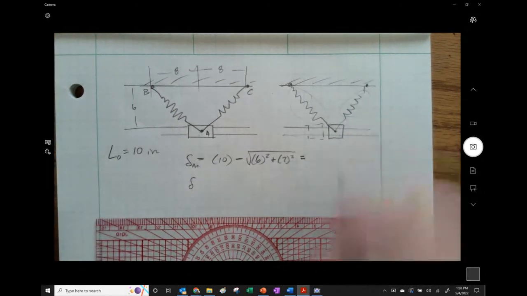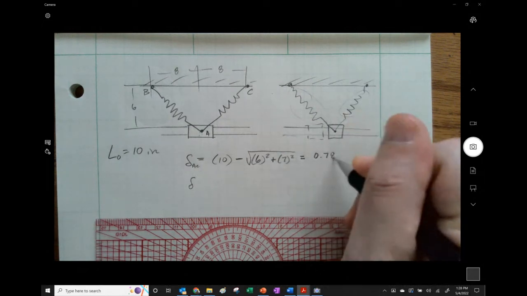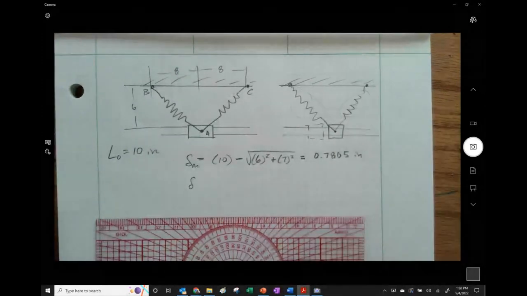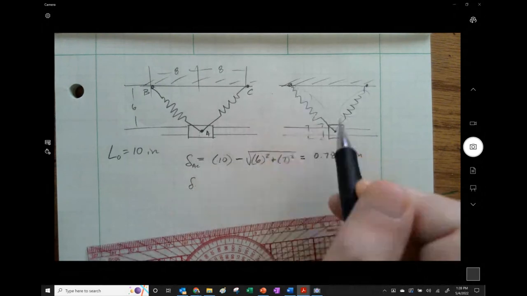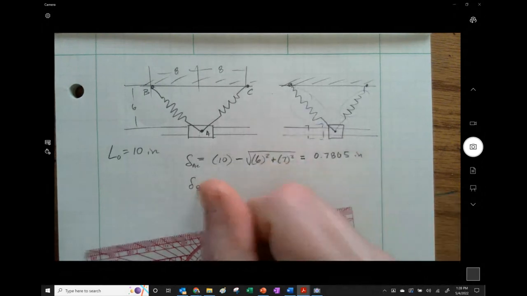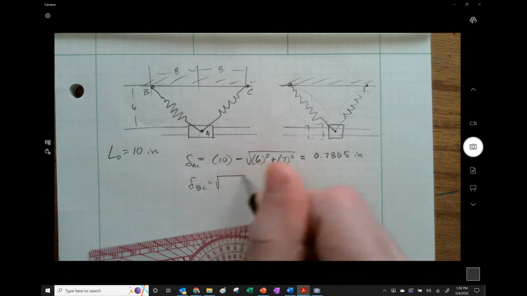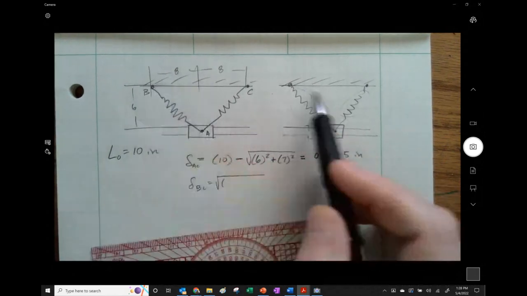So that should be minus 10, 0.7805 inches. And then for BC, it should be the square root of, now this is going to be 9 squared, right?